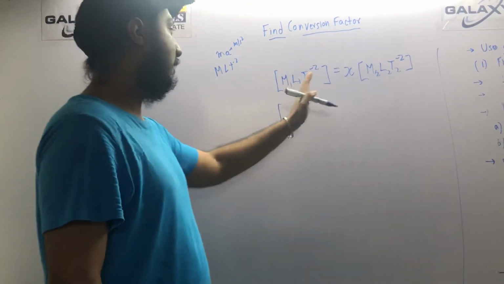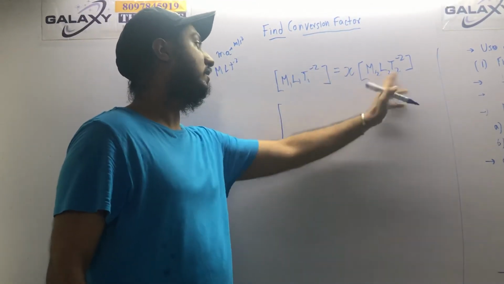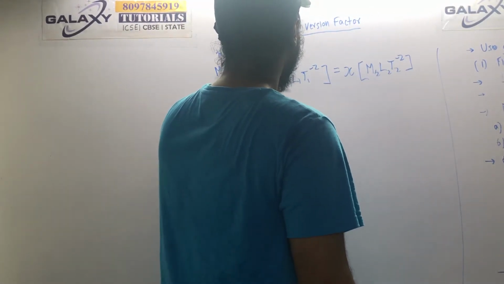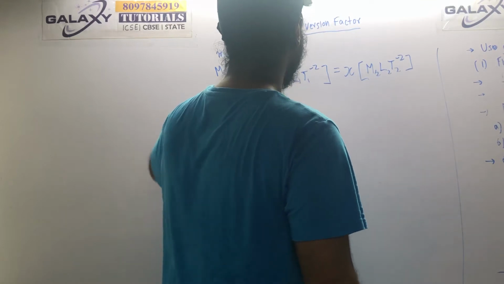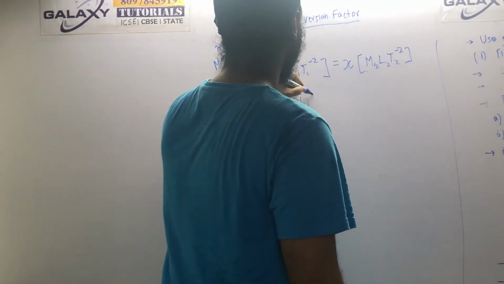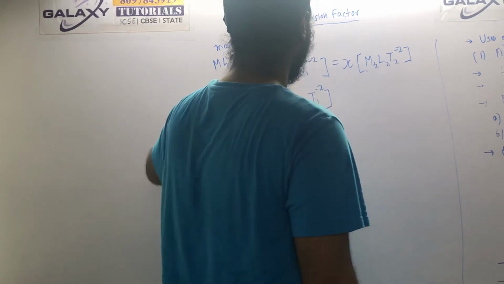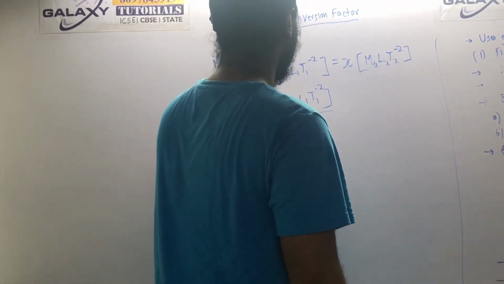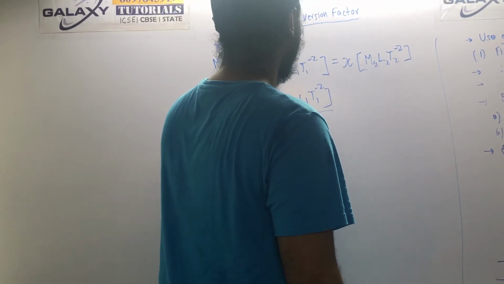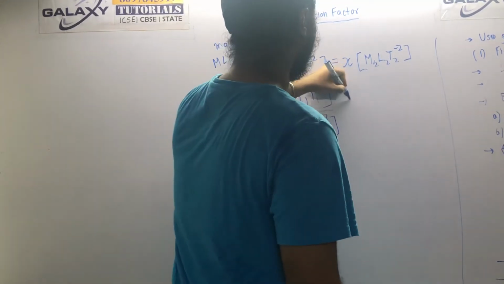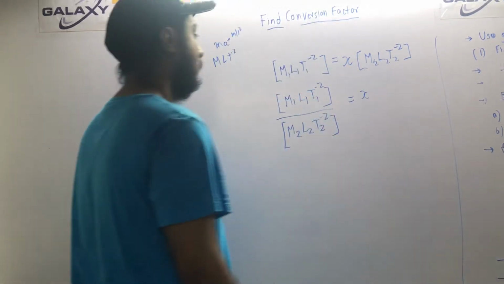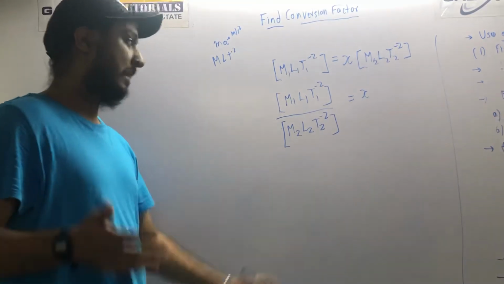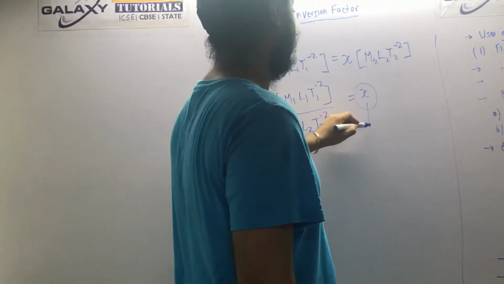So m1 L1 T1 raised to minus 2 divided by m2 L2 T2 raised to minus 2 is equal to x. Now we have to find the conversion factor. This x is known as the conversion factor.